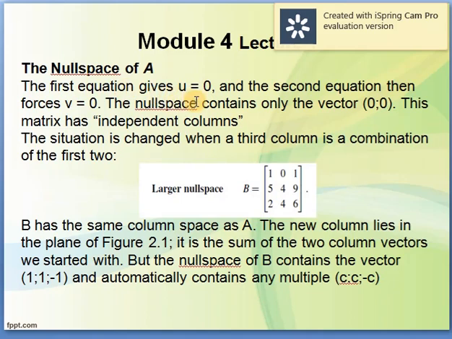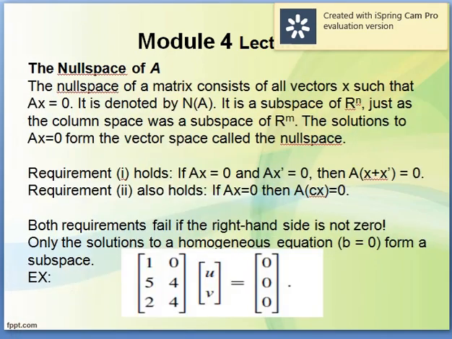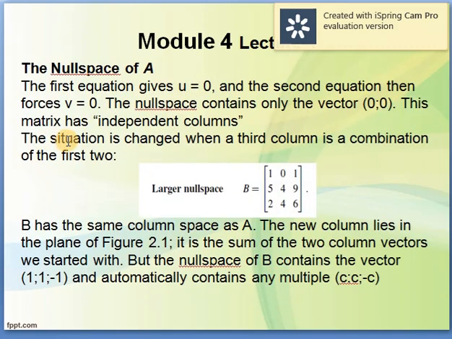The first equation gives U is equal to 0. And after solving this equation, U is equal to 0, and then 5U plus 4V is equal to 0. As we know U is equal to 0, certainly V also will be equal to 0 after solving these equations.